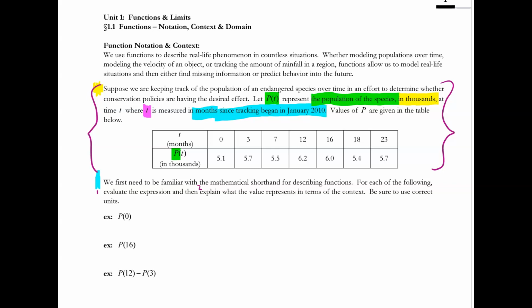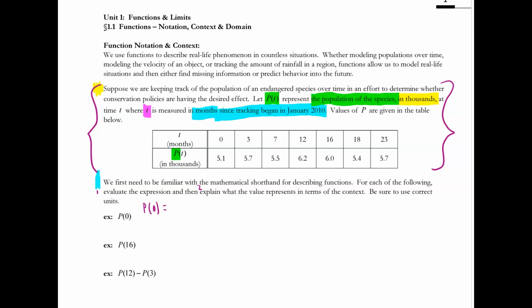All right, so let's start with this first example. We're going to evaluate P of 0. And what I want to see anytime you do this for me is I want you to write P of 0 equals. I know it's right there already on your screen or in your notes, but I still want you to write P of 0. We'll come back to that later, but it's a communication piece for this course.